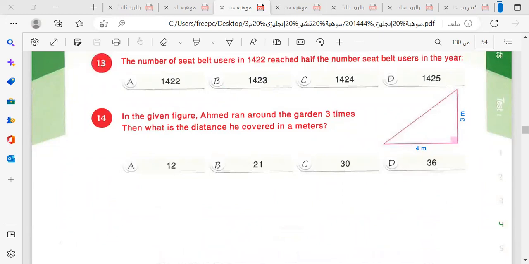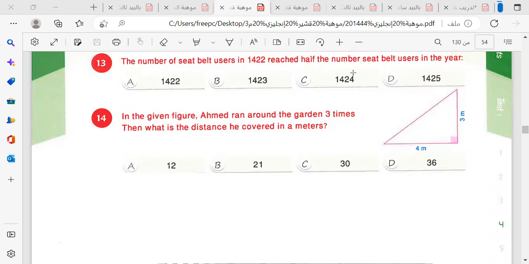In the given figure, Ahmed ran around the garden 3 times. Then what is the distance he covered in meters? You know the hypotenuse of the triangle? How to find it? By the Pythagorean theorem. You know the Pythagorean theorem? Yes, right.